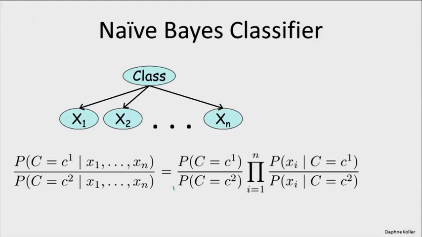The first is just the ratio of the prior probabilities of the two classes. So that's the green term here. And the second is this blue term, which is a product of odds ratios, as it's called. That is the probability of seeing a particular observation xi in the context of one class relative to the context of the other class.